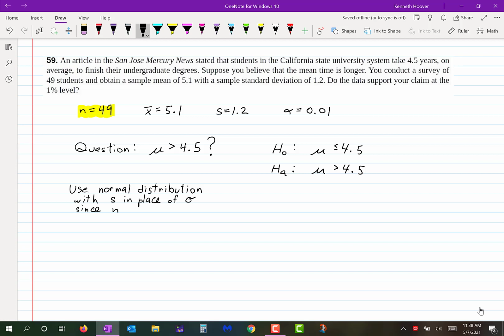Because our sample is not smaller than 30. So that allows us to just forget about sigma and use S in its place. Okay, so just like before now.